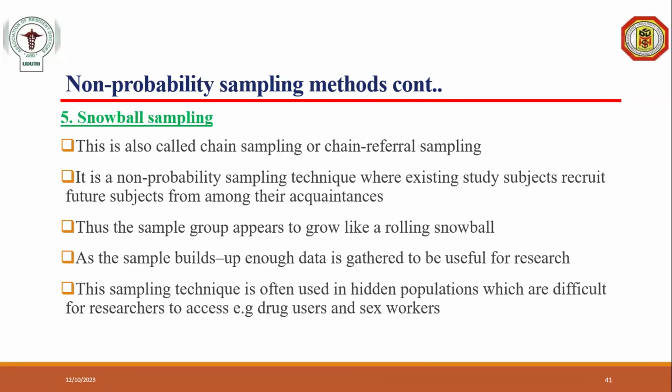Then snowballing. Snowballing non-probability sampling is when you are using some members of the research to lead you to another member.